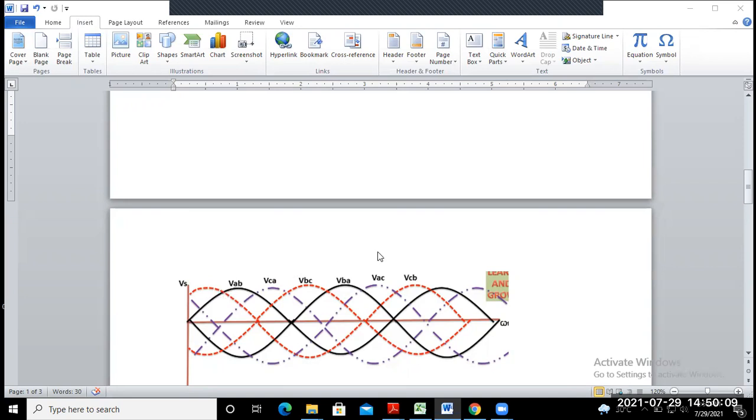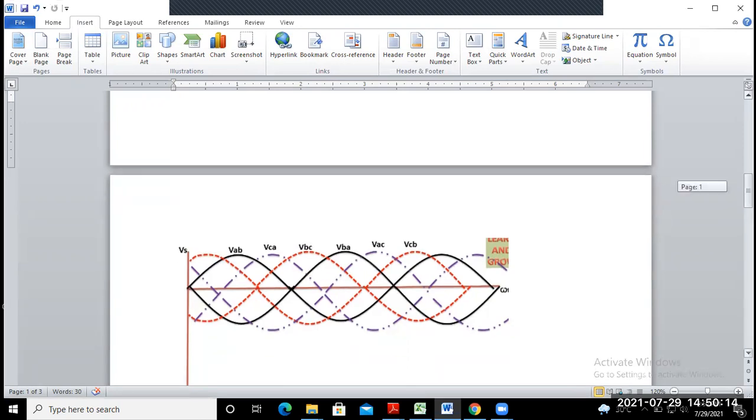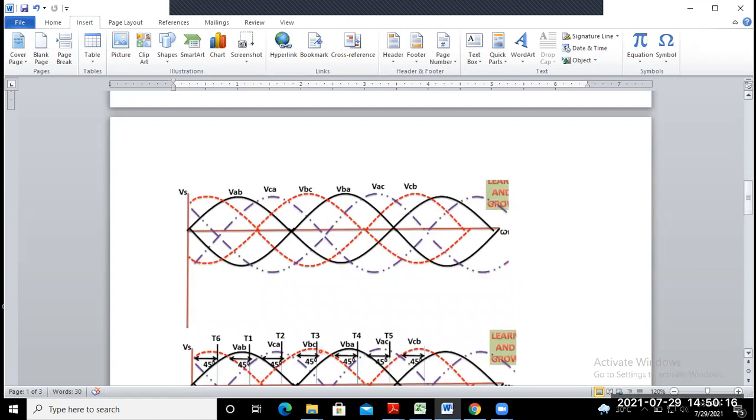Okay. So we just consider here a phase angle delay of 45 degrees. So at this instant, this one is your most positive. Which one? That means CB. So in CB, that means this thyristor is your most positive, 5, is it not? So 5 is your most positive.